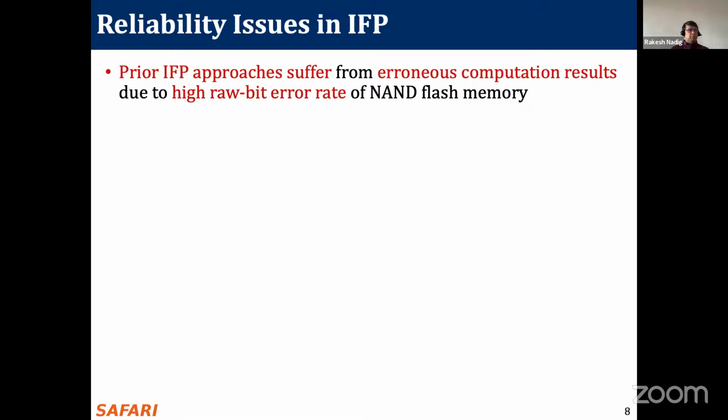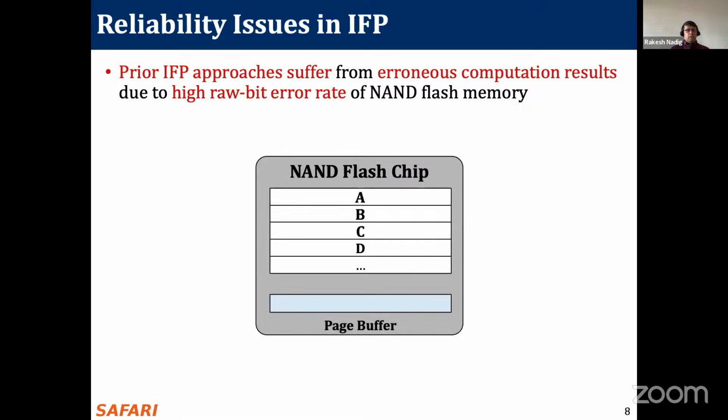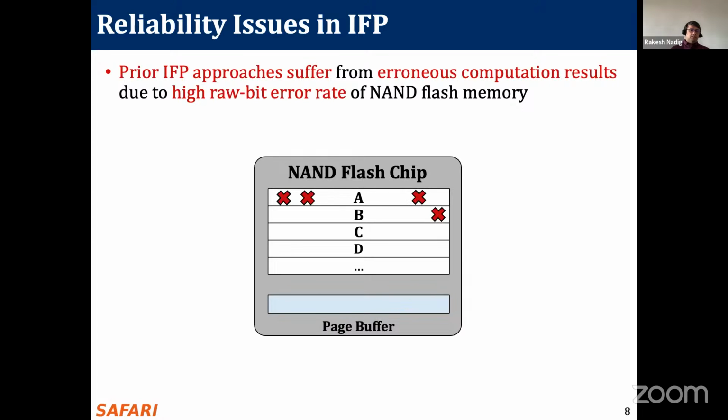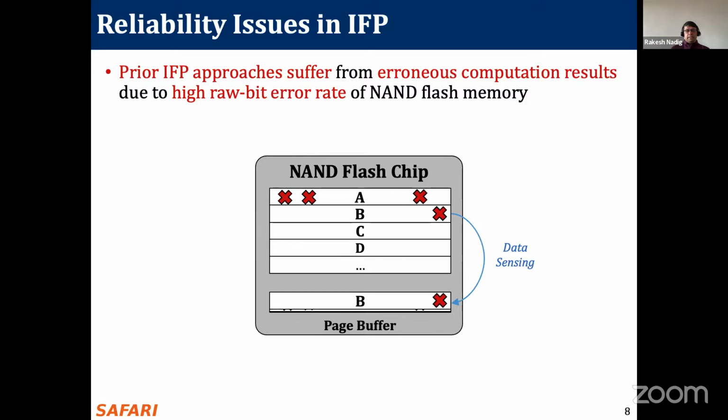So how do these prior approaches work? Without the ECC and randomization techniques, the data may have some error bits which we indicate with this X mark, and so when we perform the computation through data sensing, these errors actually persist in the result, and this situation is not good.